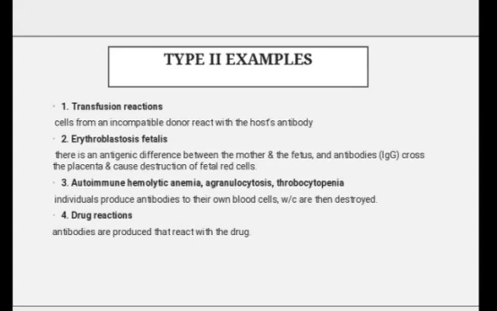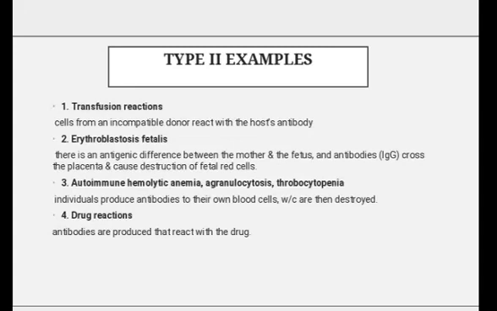Preformed antibodies are predominantly against the donor red cell antigens, which are not found in an individual of a particular group. Then one more example is erythroblastosis fetalis. There is an antigen difference between the mother and the fetus, and the antibodies, that is IgG, cross the placenta and cause destruction of fetal red cells.